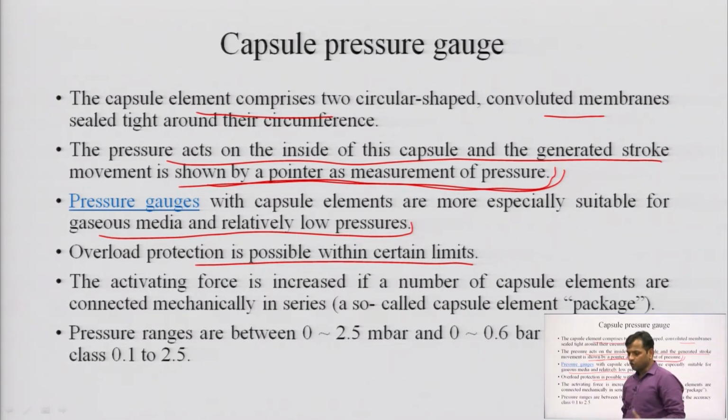Also, when we talk about the capsule pressure gauge, the activating force is increased if a number of capsule elements are connected. When we talk about a single capsule arrangement, the pressure range will be low. To make the device more effective, we can connect various capsule gauges in series.